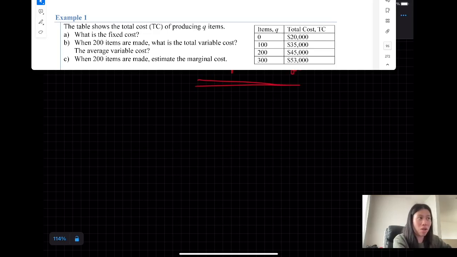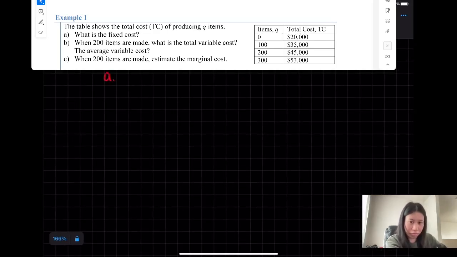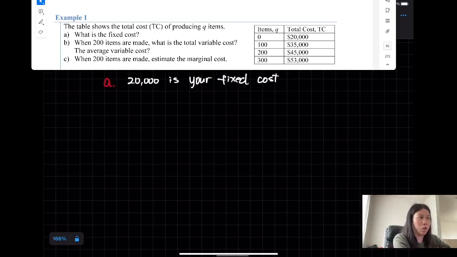So that means 20,000 is going to be your fixed cost. Okay, so now $20,000 should be your fixed cost.